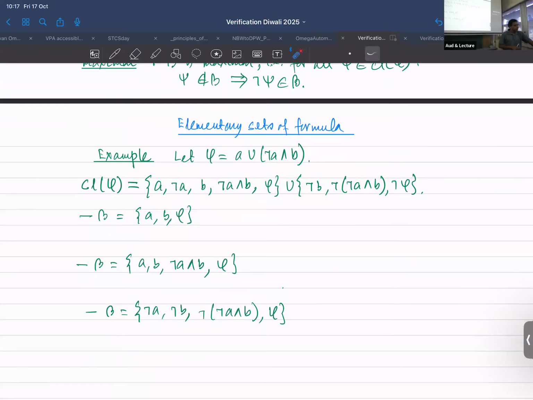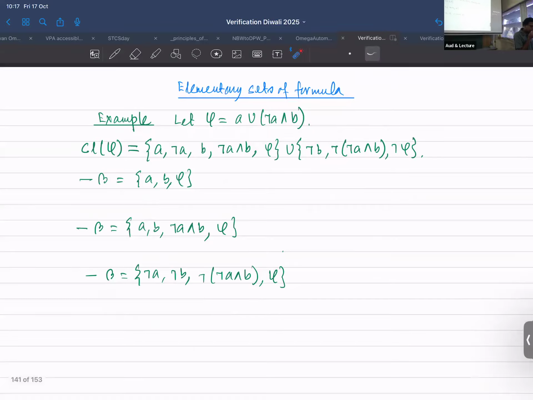Clear. And now let's just try to test our understanding a bit. So suppose this is a formula given, phi equals a until negation of a and b. Now the closure, as we saw, has these formulas, correct? So we already saw this. Now consider such a subset of the closure of phi: a, b, and phi.